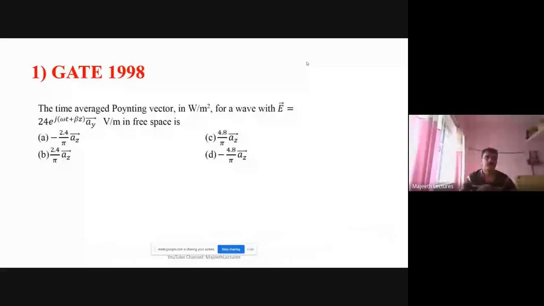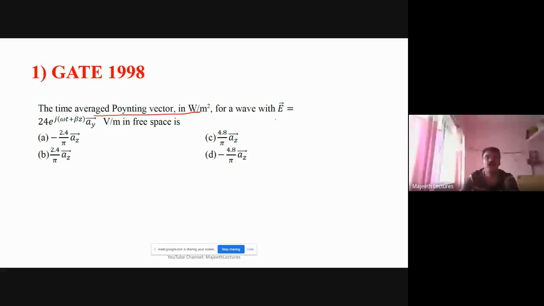The question is the time average Poynting vector. Just now I told you we are going to solve a lot of problems. Find the time average Poynting vector in watt per meter square for a wave with E equal to 24 e power j into omega t plus beta z ay volt per meter in free space.